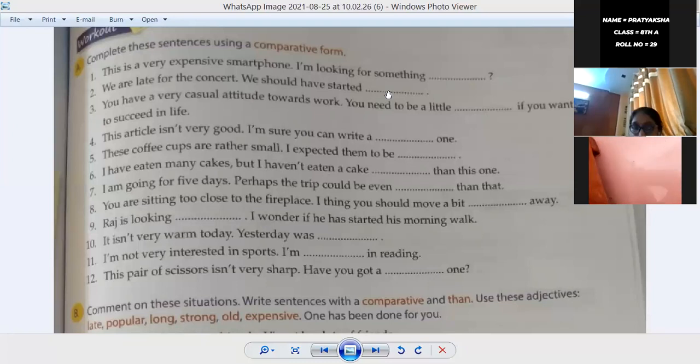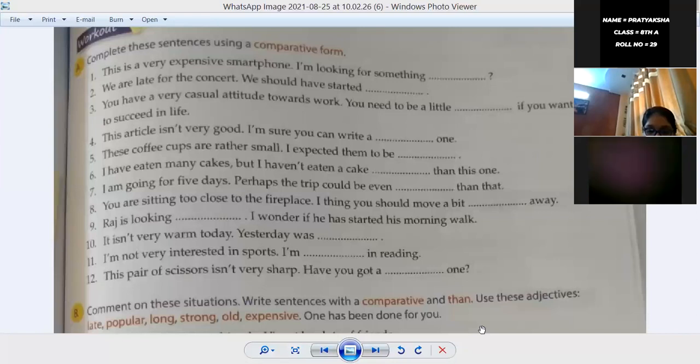Next one. I have eaten many cakes, but I haven't eaten a cake better than this one.